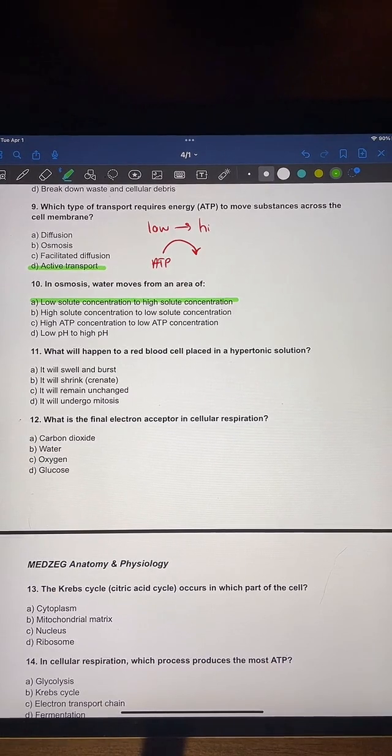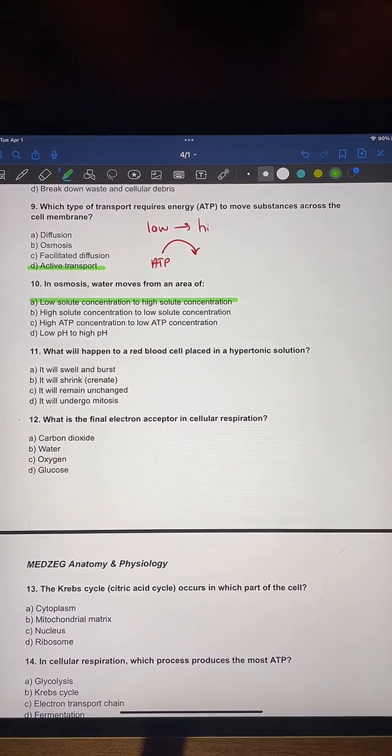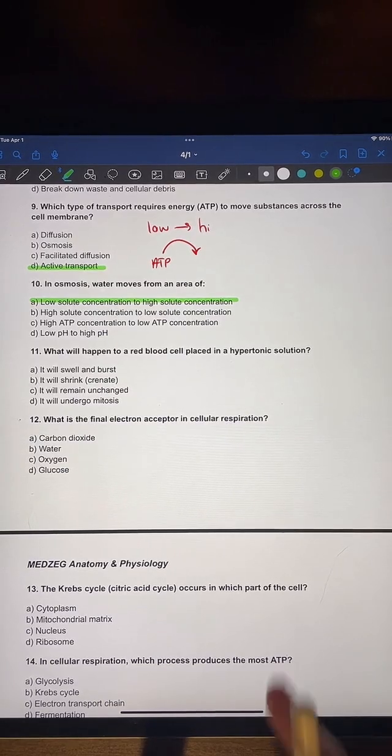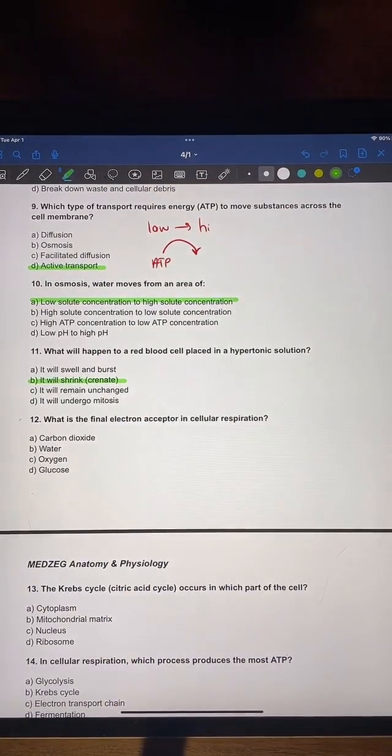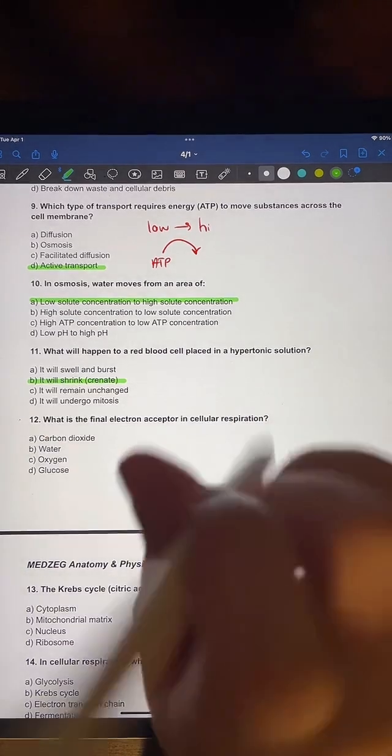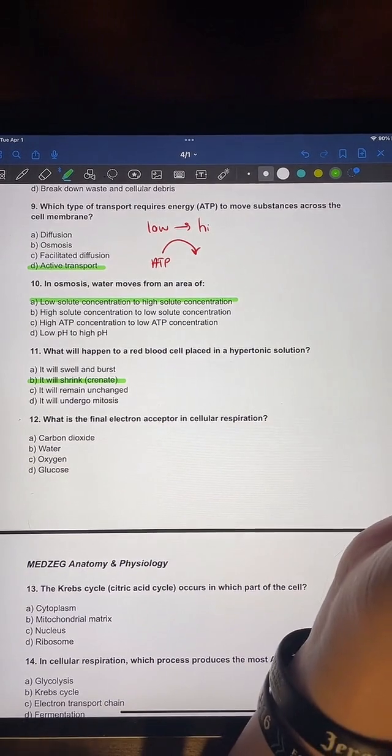Again, if you're just joining us, we are on number 11. What will happen to a red blood cell placed in a hypertonic solution? The answer is B. It will shrink. In a hypertonic solution, the surrounding environment has a higher solute concentration than inside of the cell.